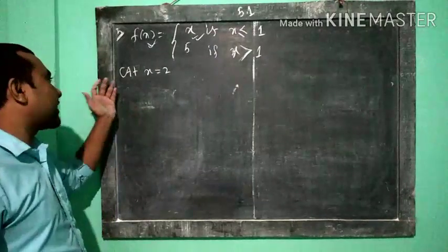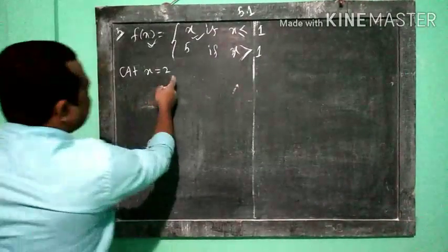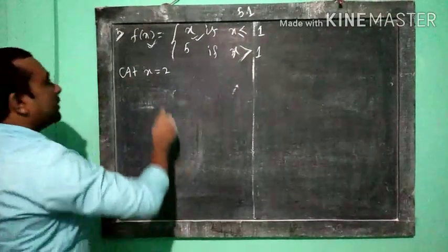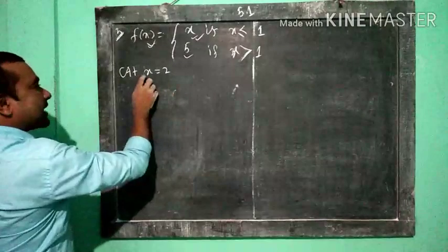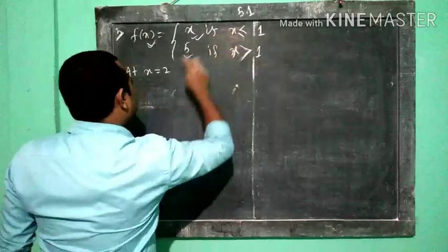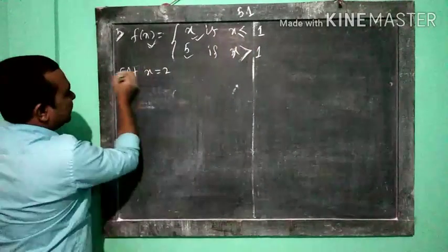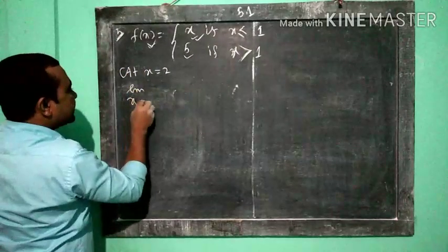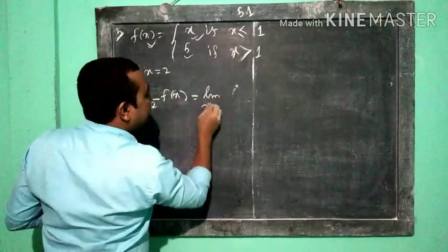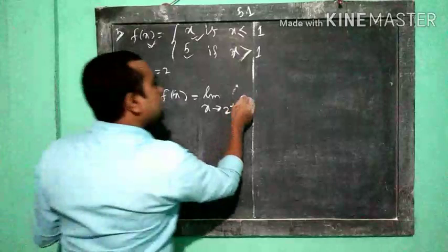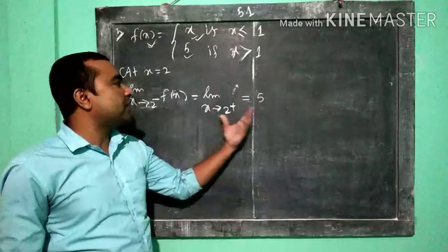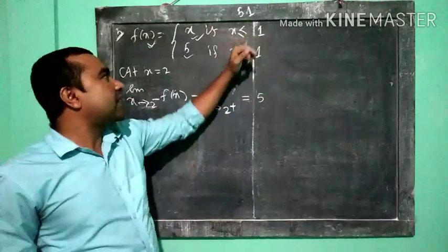Now we are going to check at the point x equal to 2. At the point x equal to 2, in both cases the left hand limit and right hand limit should be 5, because x is always greater than 1 here.